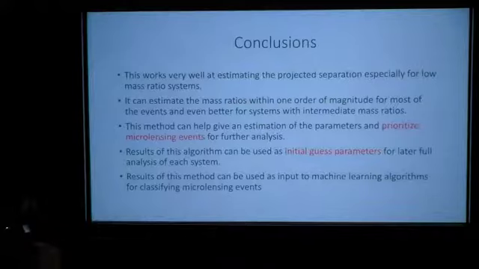We believe that when there's a large set of light curves, we can use this method to get estimations of the parameters of the events, and choose the events that we want to do a fuller analysis on first. And we also think that the results of this algorithm can be used as initial guess parameters for later full analysis of each system.